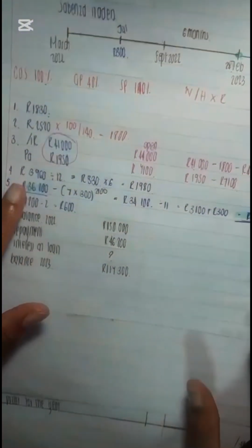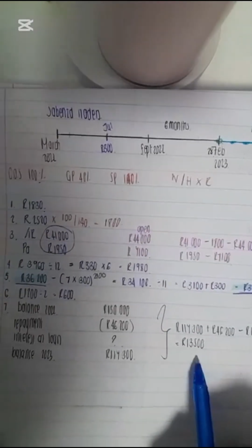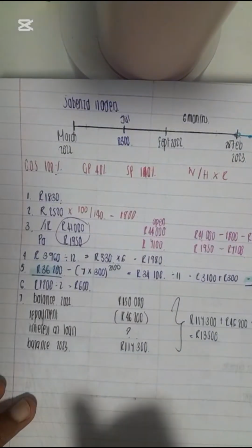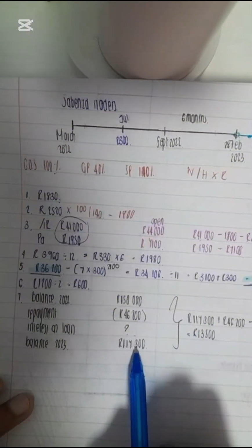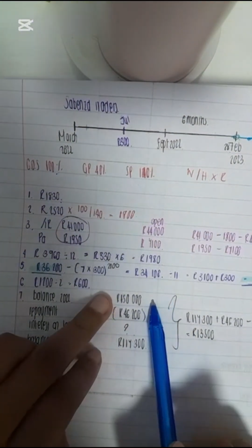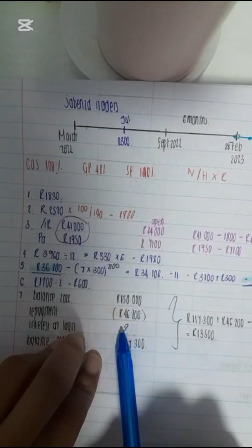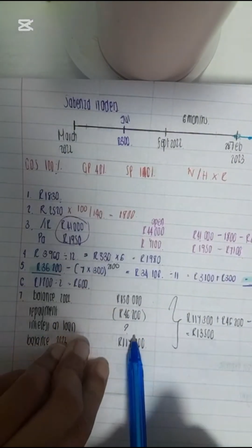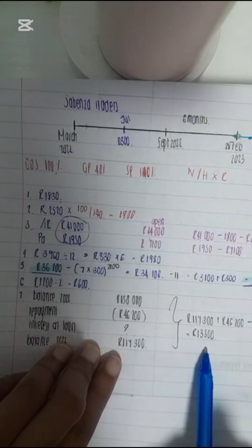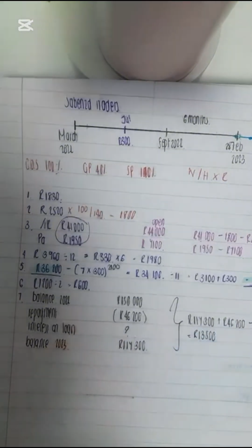So the fastest and easiest way for the interest on loan, the interest expense, you're supposed to take your closing balance plus the repayments minus the opening balance to get the missing amount. Because if you add this amount, then you're going to get this closing balance. So in other words, we're working in reverse.